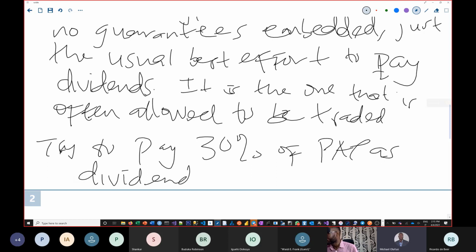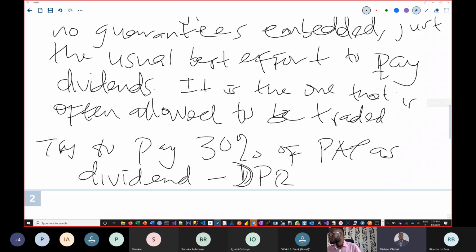So it's always a best effort, and some companies try to give a signal, especially publicly traded companies. They try to give a signal of, we normally pay 30%. I think Zenith Bank is one such company. Every year, when you take what they pay as dividend and compare it to their earnings, you will see that it fluctuates around a particular dividend payout ratio.